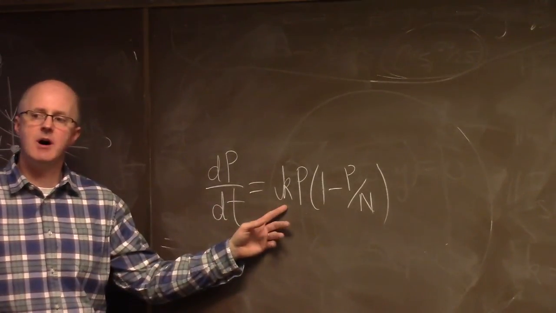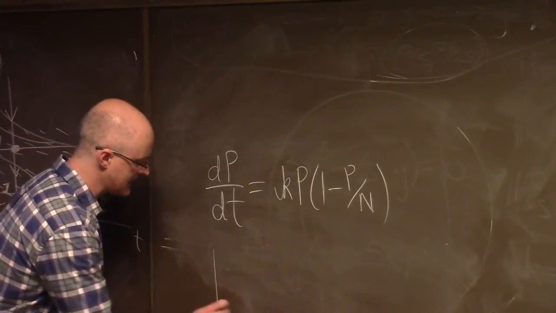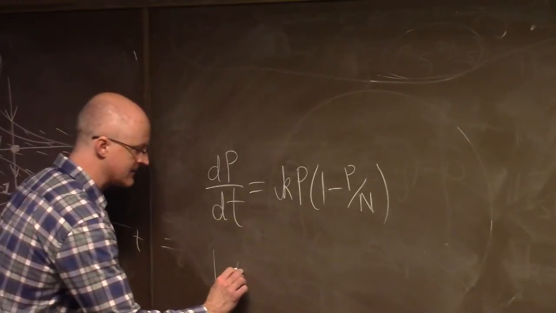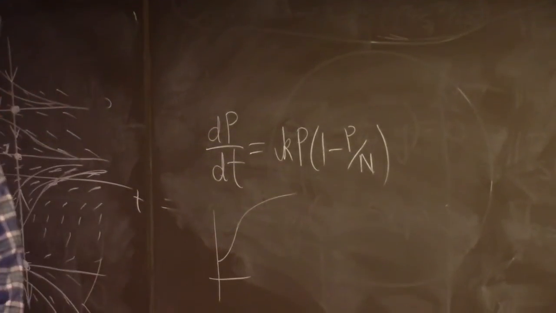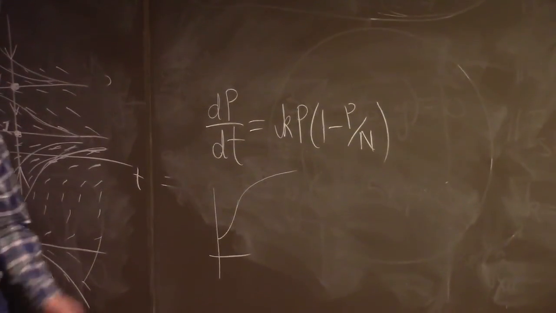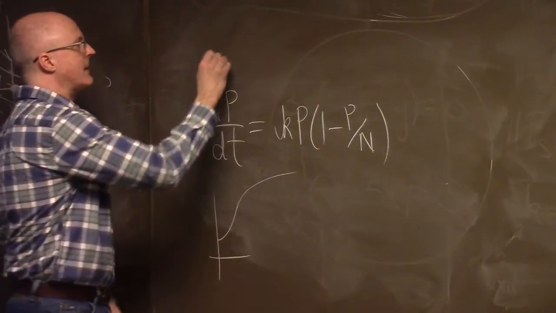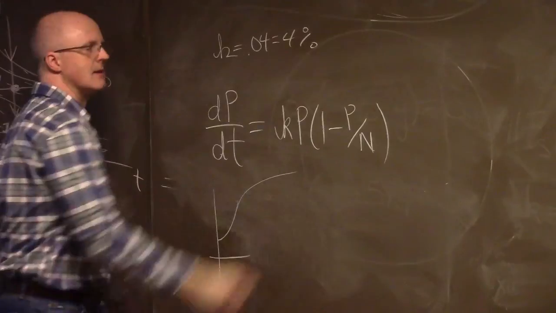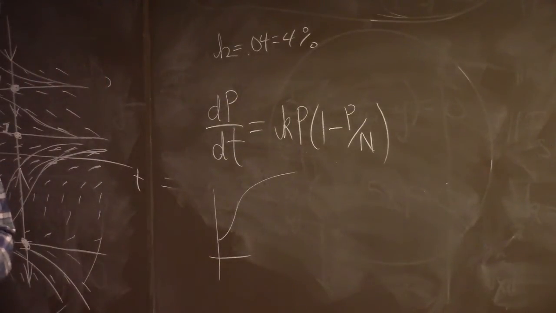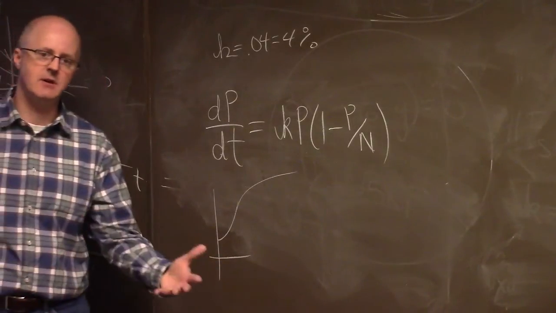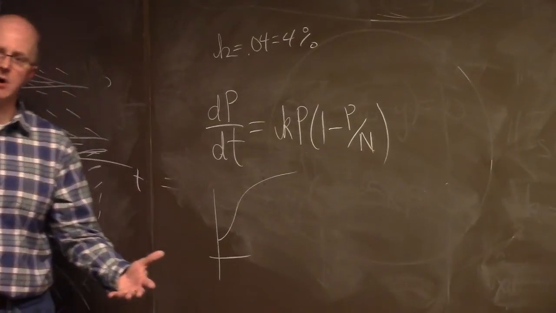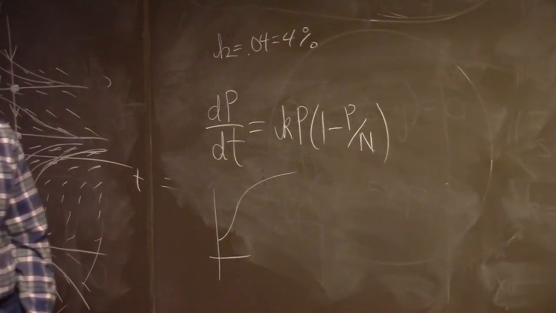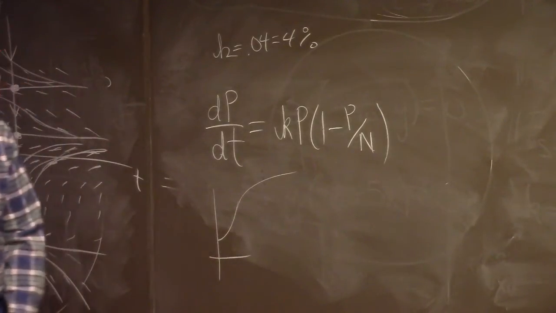So when P is small, the growth is approximately exponential. Then when P gets larger, it goes like that for the logistic. Typically k might be like 0.04 or 4%. So 4% relative growth per unit time, like per year, when the population is small. As the population gets larger, it's no longer valid to think of it that way. That's the basic logistic model.